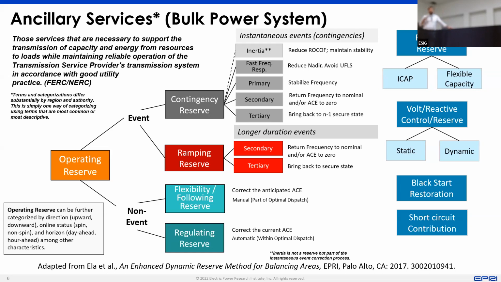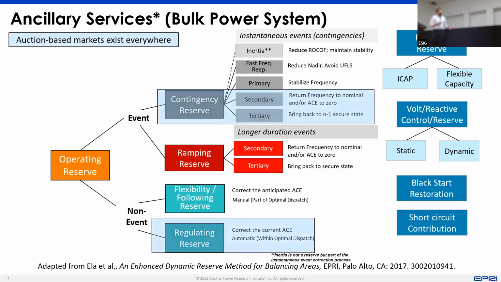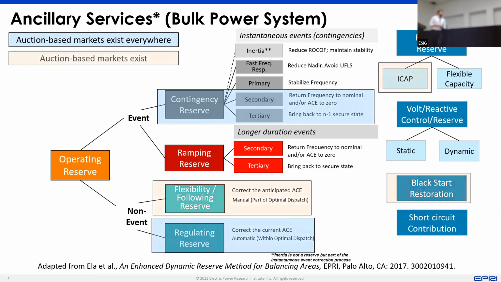What I did want to show here, linking it back to markets, is how these services are scheduled, compensated and paid for. For these services, there are competitive auction-based markets in every region in the US today: contingency reserve, regulating reserve.